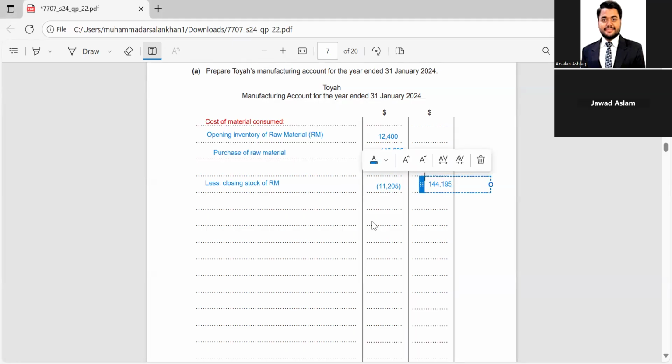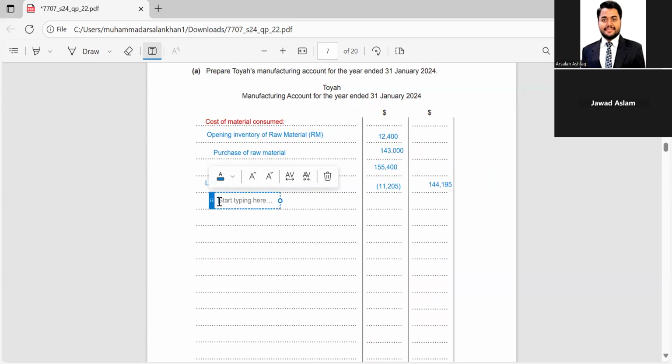Then we will write heading of add expenses because this is also an expense. Okay. This is also a cost. Cost of raw material consumed. This is 144,195.